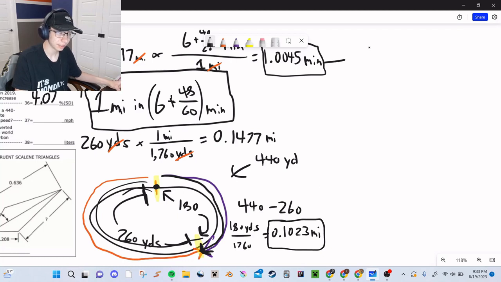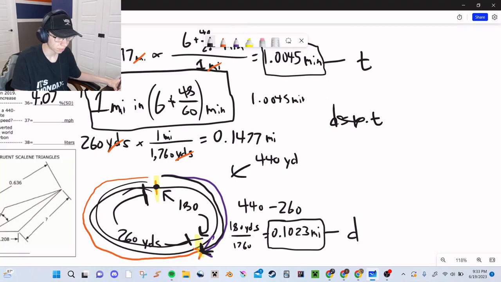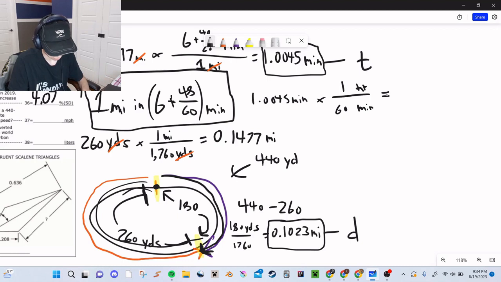So if this is Mary's time, and this is her distance, we could use distance equals rate times time. But keep in mind, I want my rate in miles per hour. So let's change this time of minutes into hours. So to get minutes to cancel out here, I'll have minutes on the bottom, hours on top. In 1 hour, there's 60 minutes, so 1.0045 times 1 over 60.